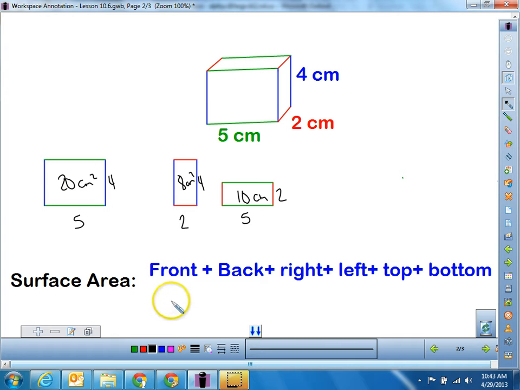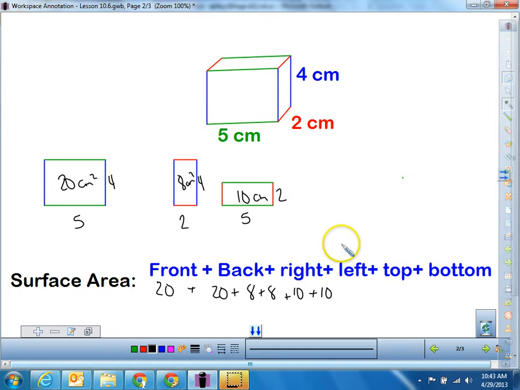Here's our front and our back, so we're going to add 20 plus 20. Our right and our left was this one, so we need to add 8 plus 8. And then our top and our bottom was this one, 10 plus 10. Now, let's figure that out. What do we get when we take 20 plus 20?